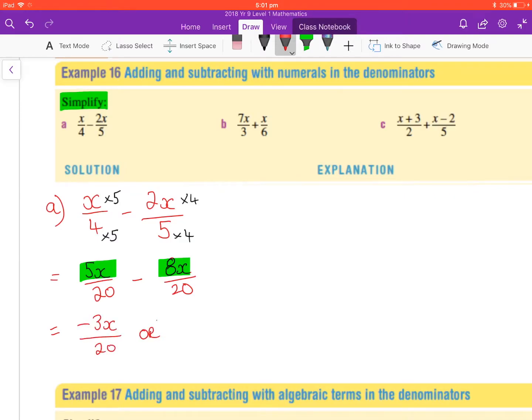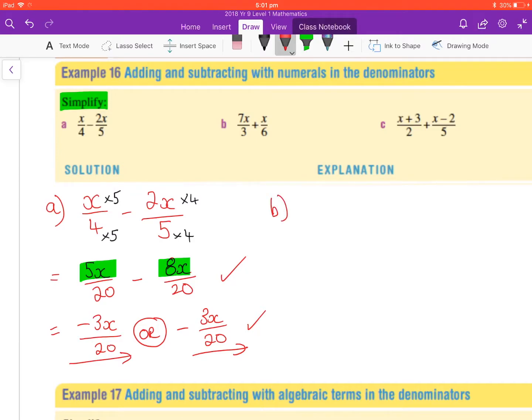Or you can write it, I don't mind which way, with the negative at the front of your fraction, 3x over 20. These are probably 2-mark questions, so please show me a little bit of working out as a minimum, especially if I can give you follow-through marks. That's a good thing about algebra.